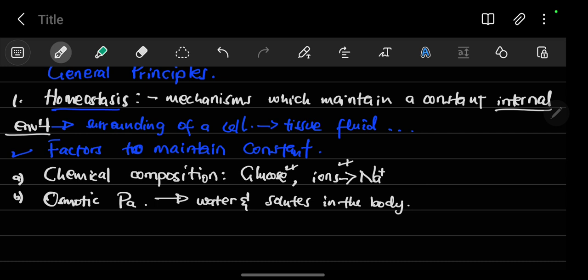So when we talk of high osmotic pressure, it means that a body, or a certain cell, having a higher osmotic pressure has a higher solute potential, or the content of solids within that body or that cell is high.